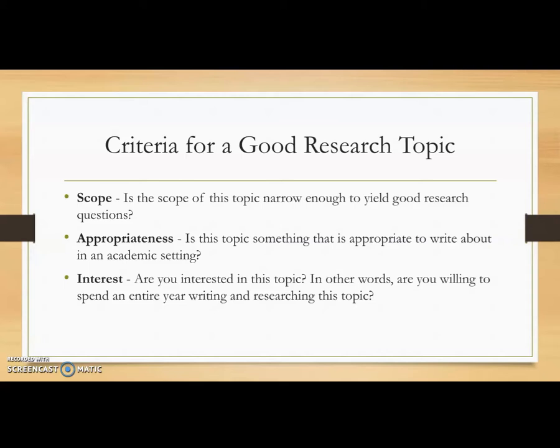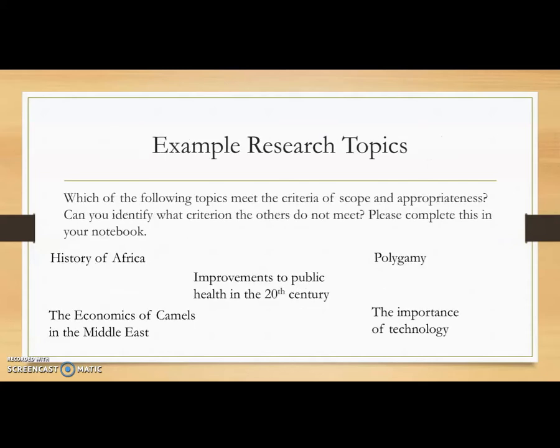Secondly, appropriateness. Is your topic something that is appropriate to write about in an academic setting? And thirdly, interest. Are you even interested in this topic? In other words, are you willing to spend an entire year writing and researching this topic?